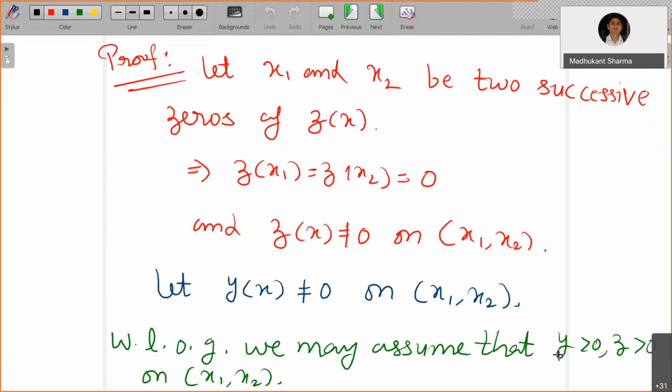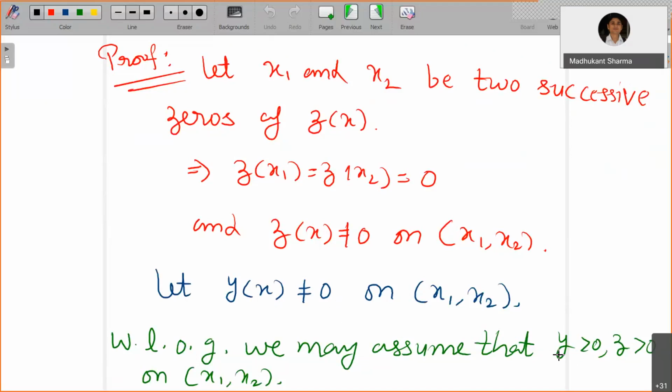Otherwise we can work out the problem with the equation by replacing y by minus y, or z by minus z, and we can still work with this assumption.